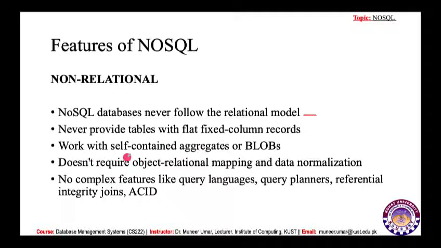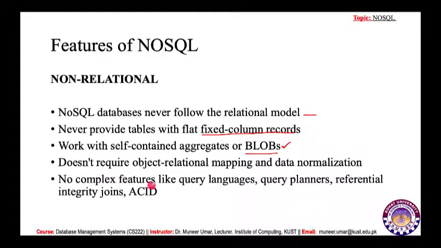They work with self-contained aggregates or blobs. We will have binary large objects in these tables instead of these fixed columns or attributes. They don't require object relational mapping and data normalization, since elimination of redundancy or replication of data would not be a priority, so there is no need for normalization in NoSQL.